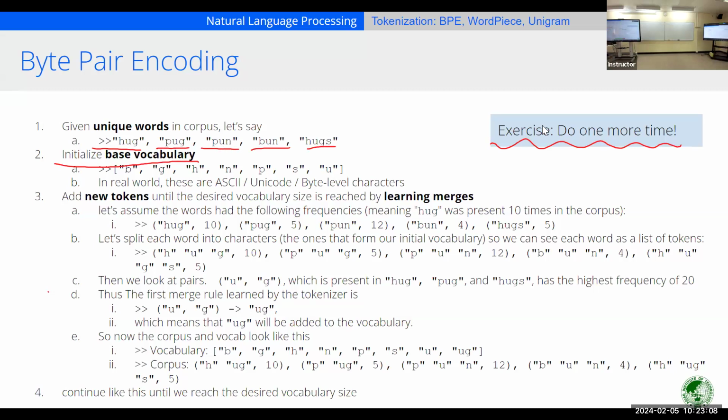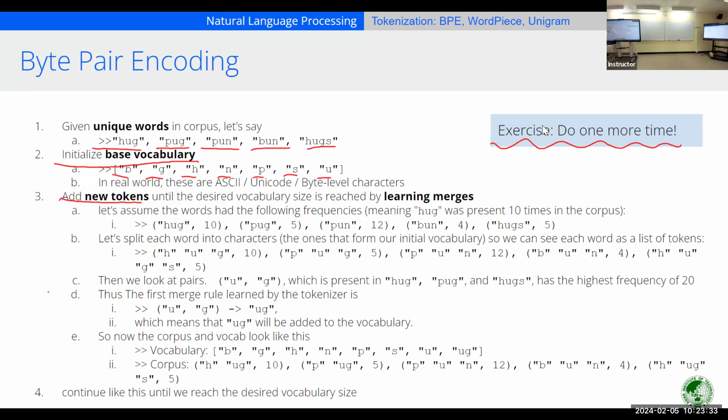It's basically each of the characters, and you treat them as a subword. B, G, H, N, P, S, U, right? Those are all the characters in these 5 words. So far so good, right?